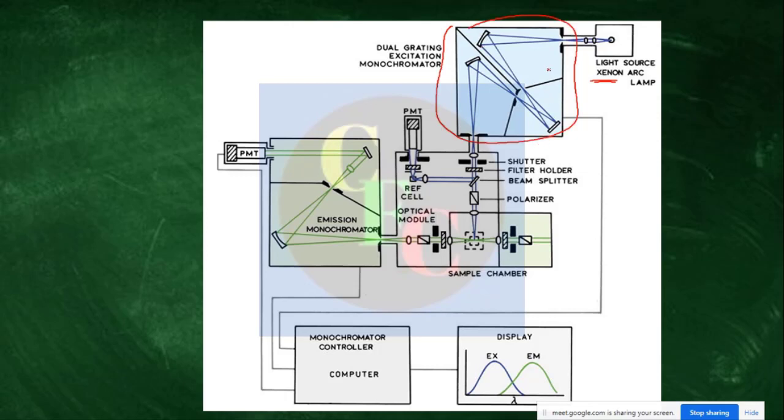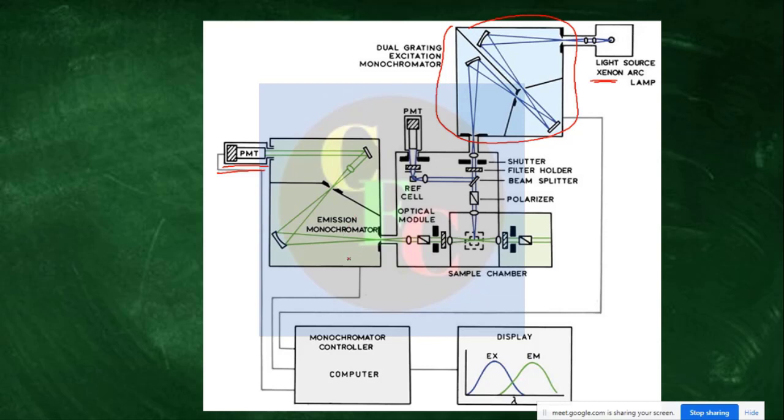This monochromator selects the required wavelength for excitation, and a sample compartment is here. This is the sample chamber. Now, a second monochromator is there along with a photomultiplier tube, PMT. Why do you need a second monochromator?